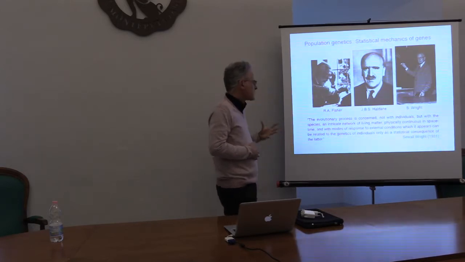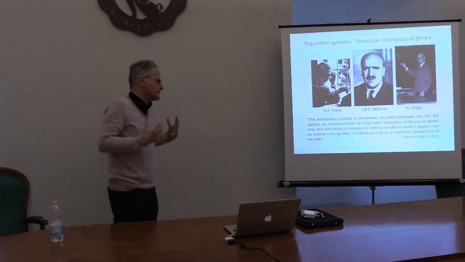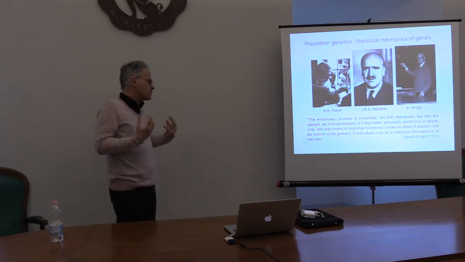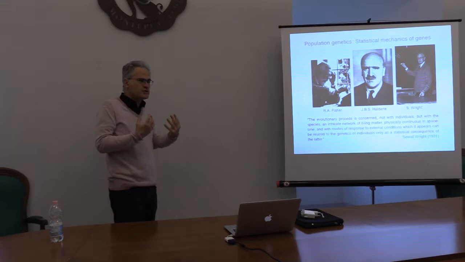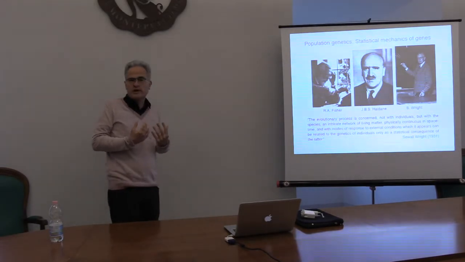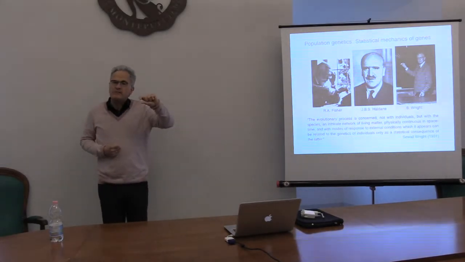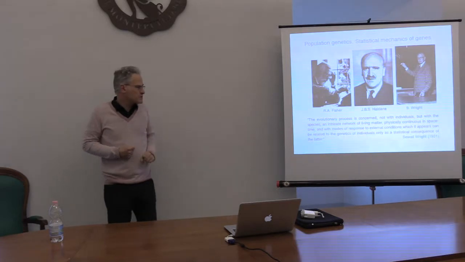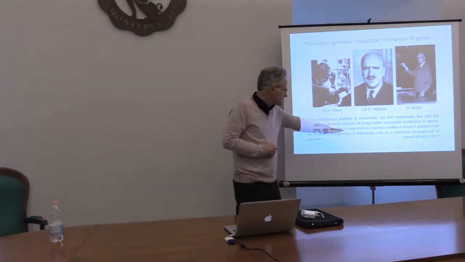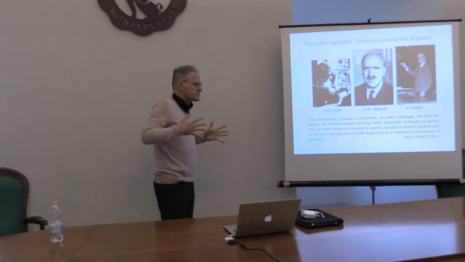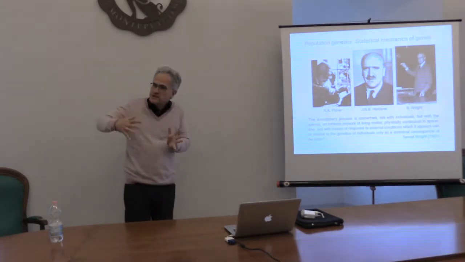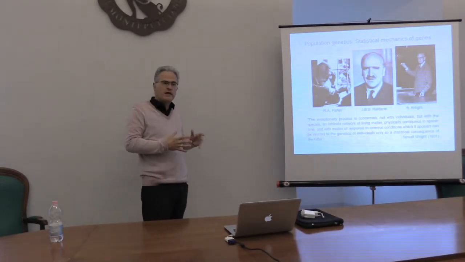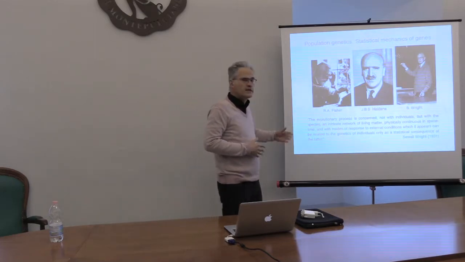So this is a complicated sentence, but what it expresses is that the evolutionary process is, of course, about changes in the genetic composition of populations. The elementary events driving these changes are changes in the genetics of individuals, but they respond to external conditions and lead to, for example, the adaptation of populations to their environment only in a statistical way.